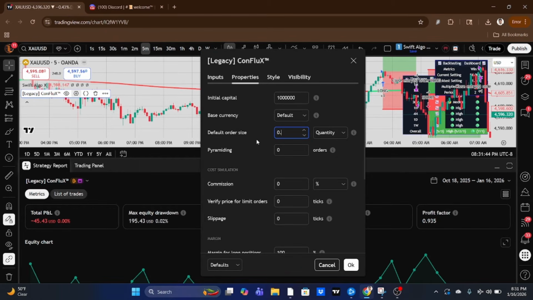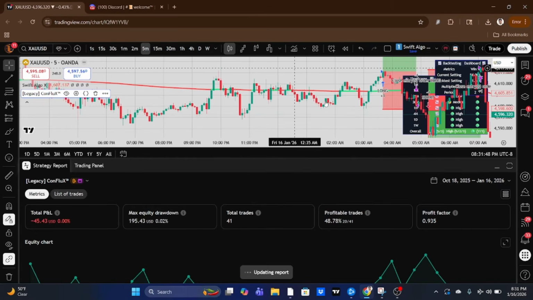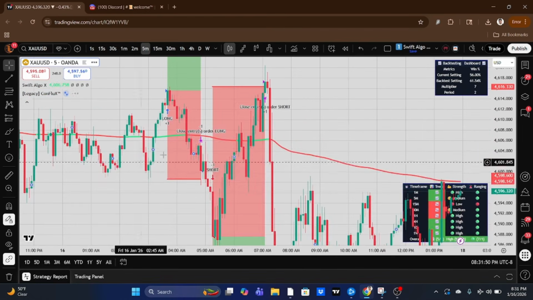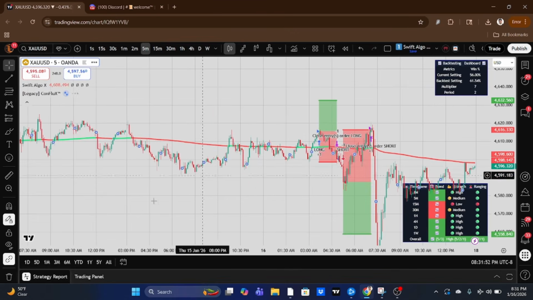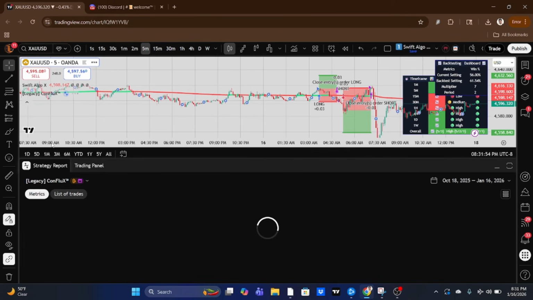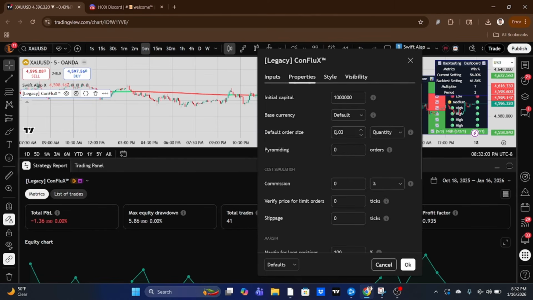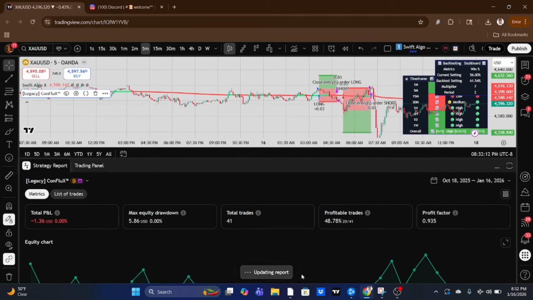So let's say you want to do 0.03 lot size. You have to use your lot size before you actually automate, okay? But it's not going to be accurate in the strategy report. It goes by unit. So 0.03 is actually the same thing as saying 3. So you need to change this to 3 if you want to see the strategy report.